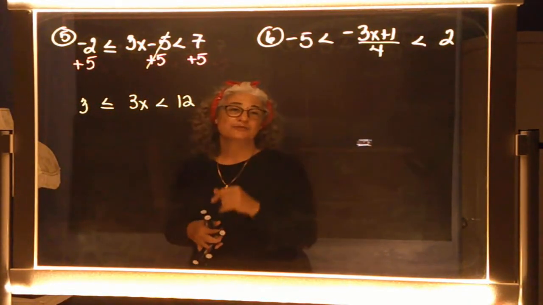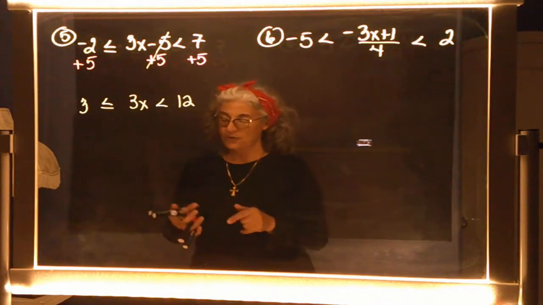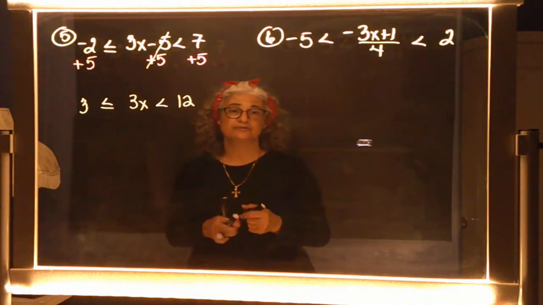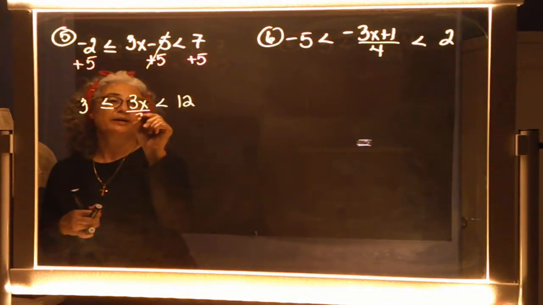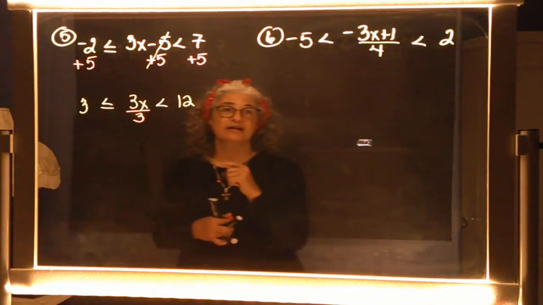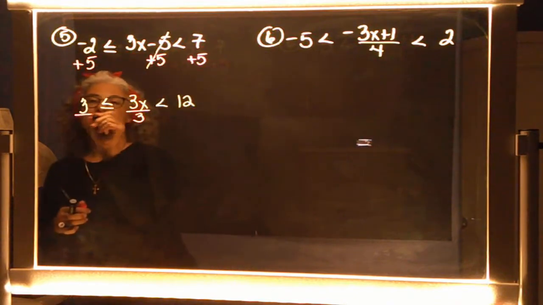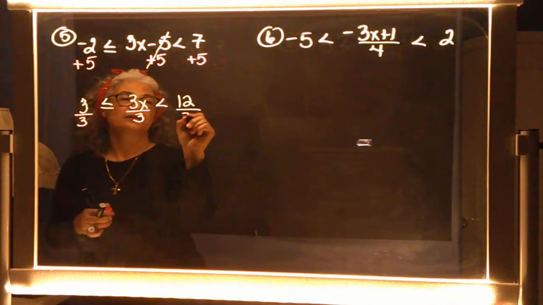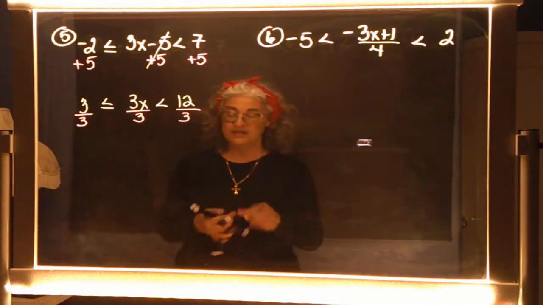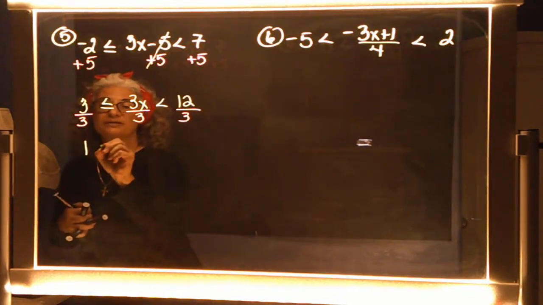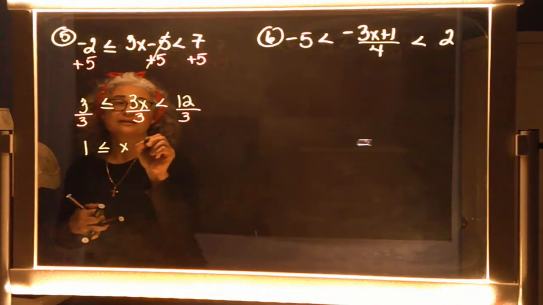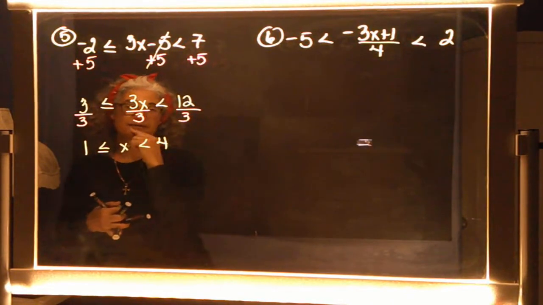Okay, is the x by itself yet? Not quite yet. What are we going to have to do? Good, I'm going to have to divide the middle by 3 so I can get the x by itself. But if you do it to the middle, excellent, you've got to do it to the left as well as the right, which means I have 1 is less than or equal to x, which is less than 4.